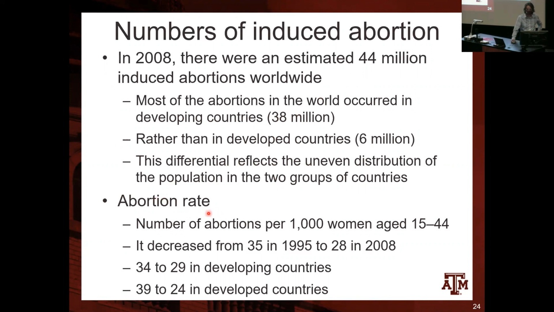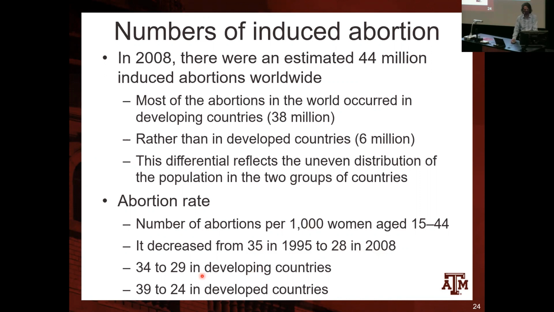But when you look at abortion rates, what is the abortion rate? The number of abortions in the numerator, as we just talked about, divided by women age 15 to 44. Because this number is usually small, we multiply by 1,000. And it decreased from 35 per 1,000 women in 1995 to 28 per 1,000 women in 2008.